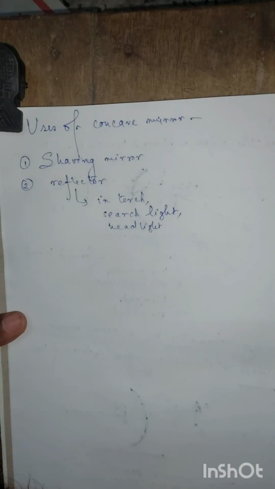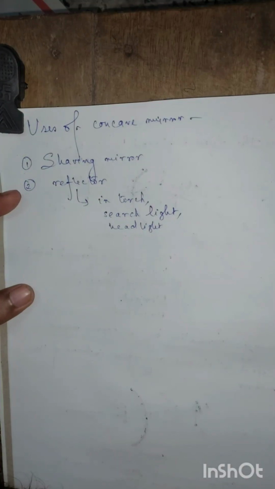And the source of light is placed at the focus. This helps us to get a parallel beam of light. So this can be used as a reflector.